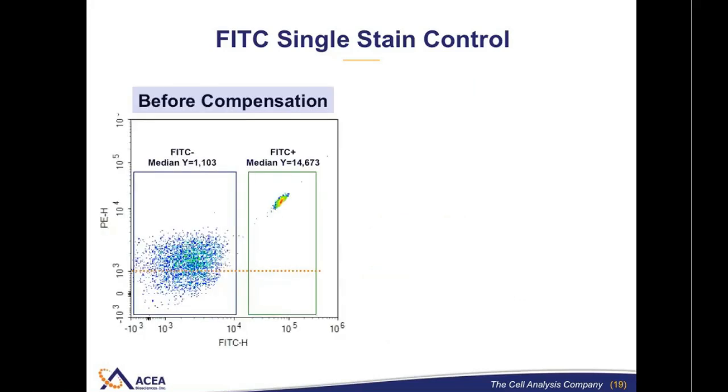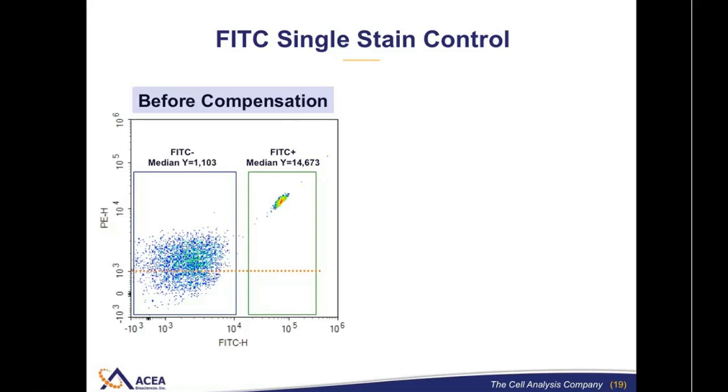This bivariate plot shows a FITC single-chain control before compensation, again, versus PE. So I drew the gates around the FITC negative and the FITC positive population so I could get some measurements. The median Y of the FITC negative population is around 1,000, while the FITC positive population is much higher, around 15,000.